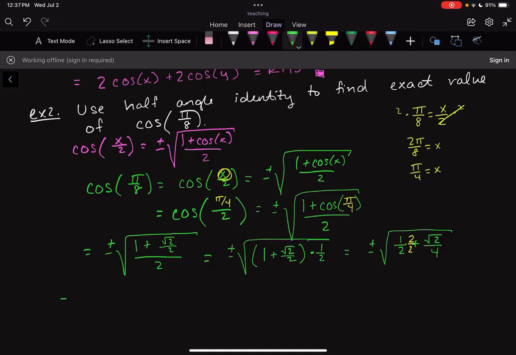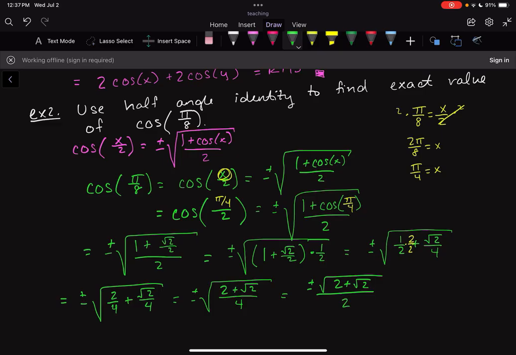So this gives me plus or minus square root of 2 over 4 plus root 2 over 4, which becomes 2 plus root 2 all over 4. I can simplify that denominator by taking it out of the root, and it becomes a 2.